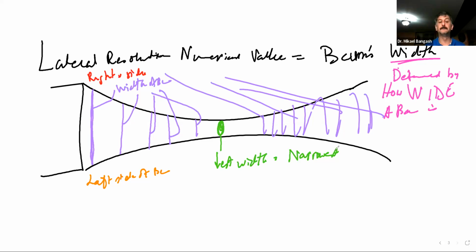Did that make sense? Yeah. Which means the point where the beam has the narrowest width is where the lateral resolution has the lowest numerical value.